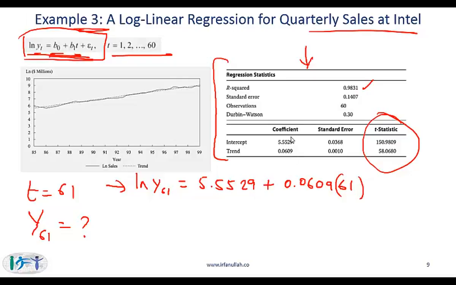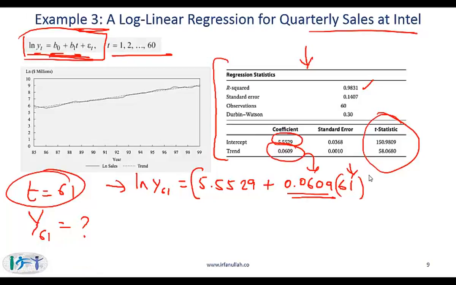Where is this coming from? This is the coefficient, plus this is the trend value, which is coming from here, and this is the t value, or the time value, which is given. This expression is simple mathematics. When you do this, you should come up with 9.2673.